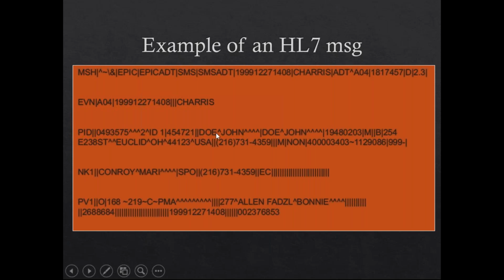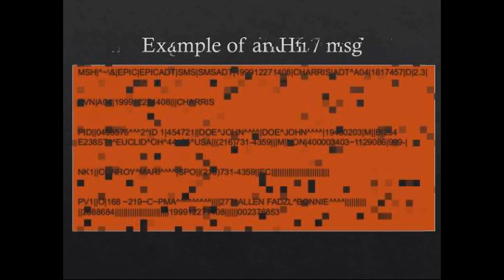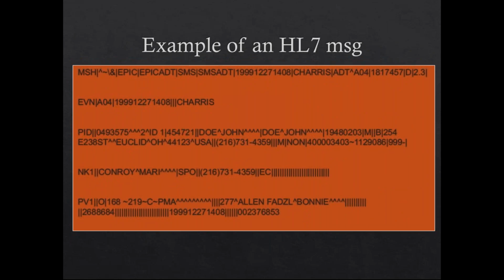This is first name, this is last name, and those components are separated with the help of caret. And we will look at tilde. We have tilde here, which says that they have two different phone numbers. It will be confusing right now, but we'll look at that while we go through the entire PID segment fields. So that is the basic structure of an HL7 message.